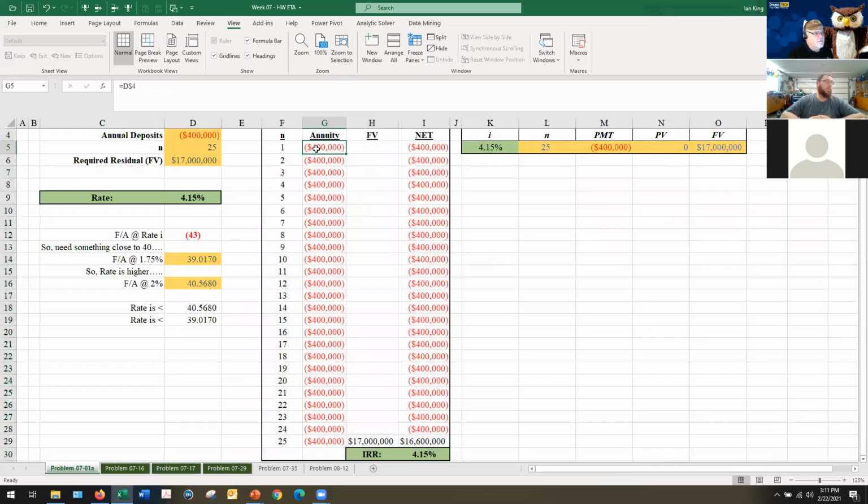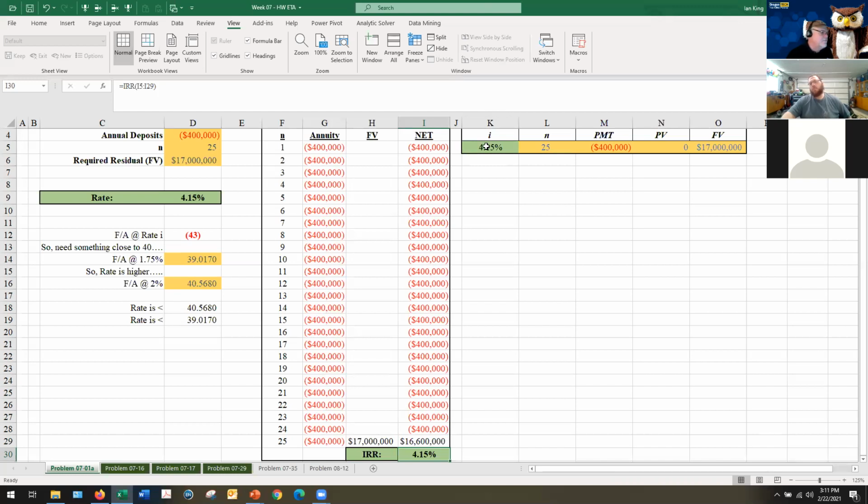I just put all the payments here and the final value here to get your net cash flow here. The final year is 17 million minus 400,000 because you still have to put $400,000 in at year 25. And you do an internal rate of return calculation on all the cash flows. And that gives you the same rate as you would up here.